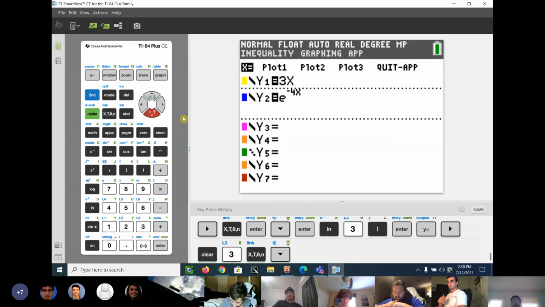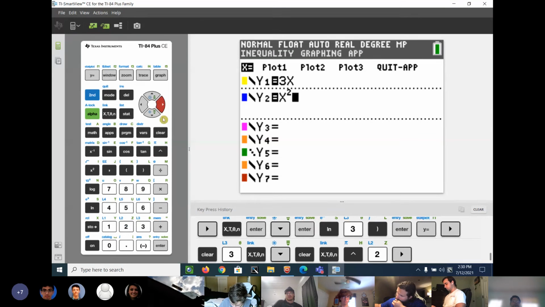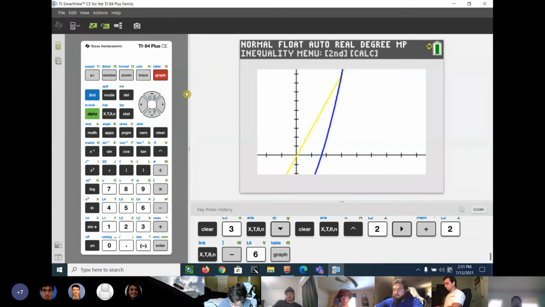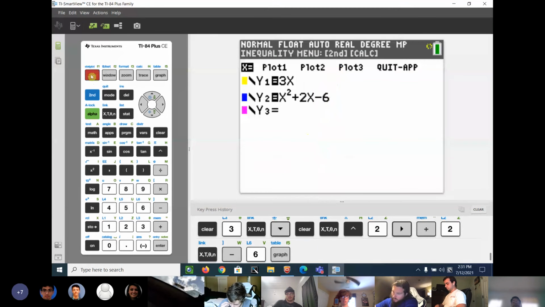And down here, I'm going to hit clear, and I'm going to put x squared plus 2x minus 6. And graph it just so you can, this is what you would do. There you go. Oops, hold on. Let me take that y is equal out. X is equal, clear. There we go.